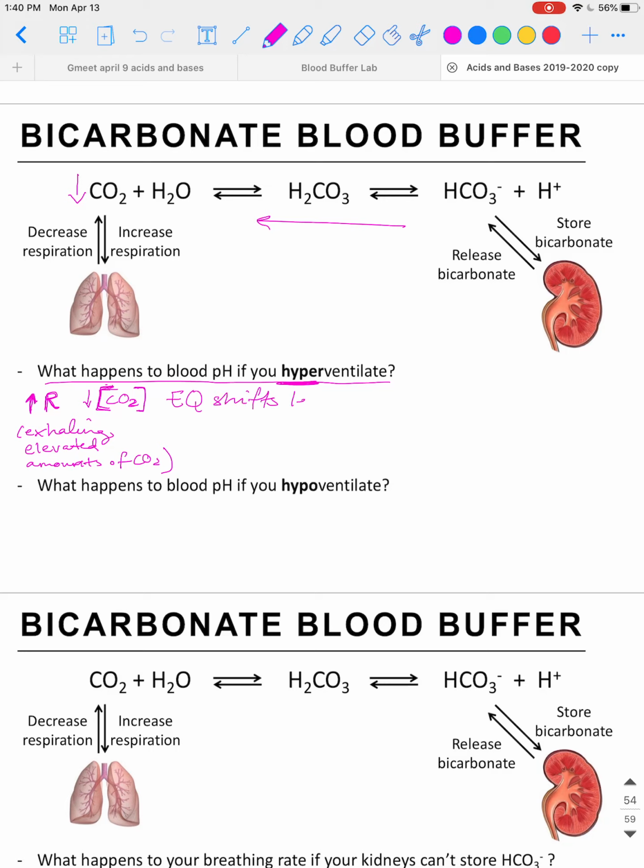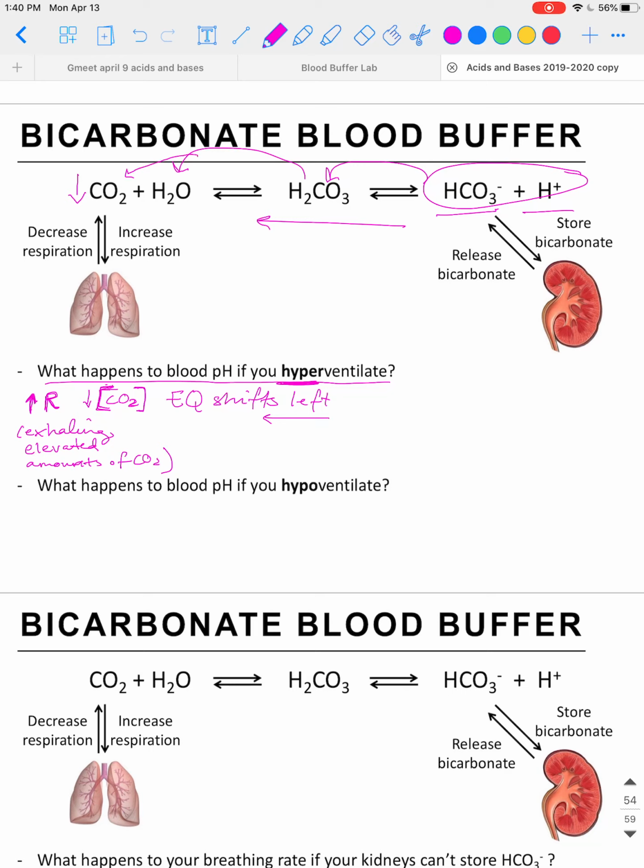So equilibrium shifts left, this way. If equilibrium is shifting left, what is going to happen to bicarb and H+? What are the concentrations of these things going to do in the blood? Well, to shift left, we have to bring bicarb and H+ together.